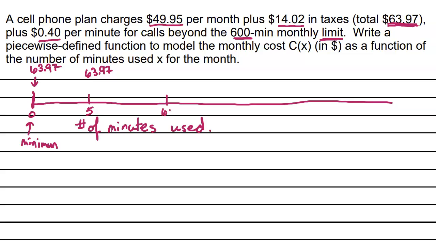If you use 100 minutes, you're still charged $63.97. If you use 600 minutes, which is the limit, right at 600, you're still going to be charged $63.97.